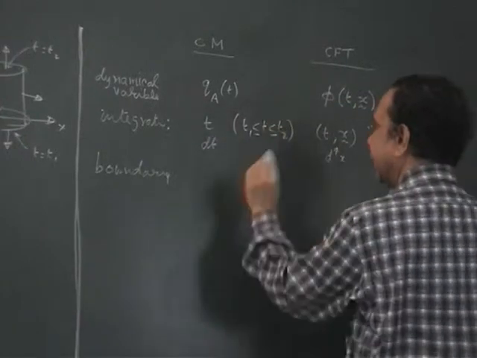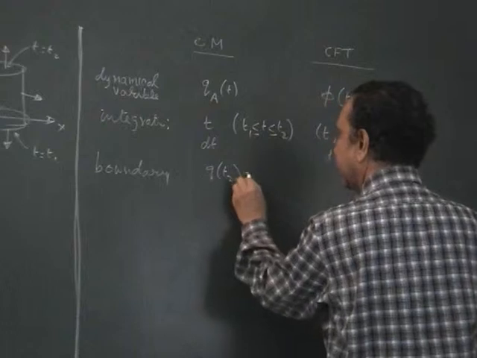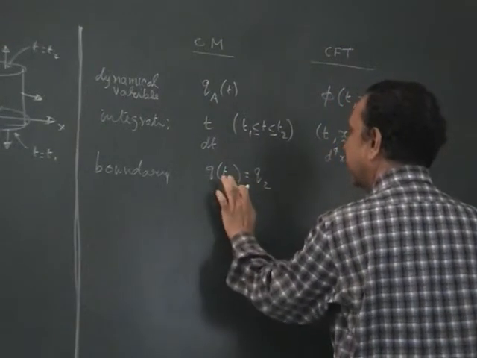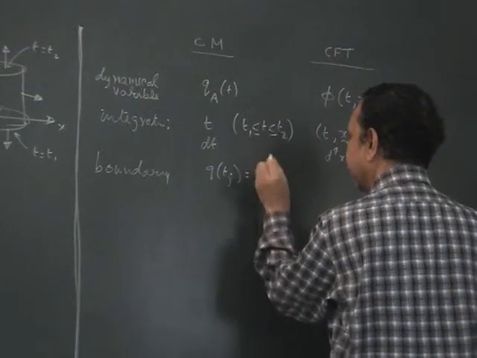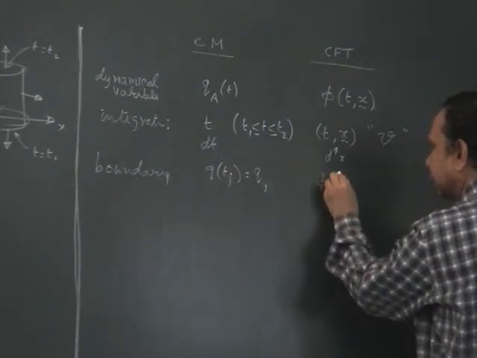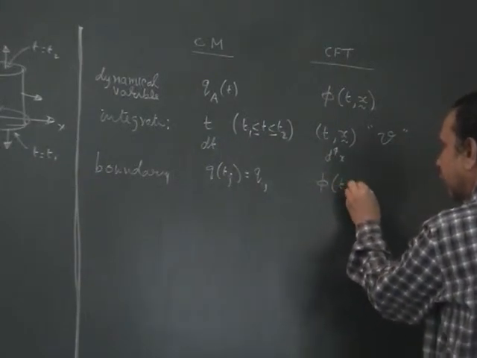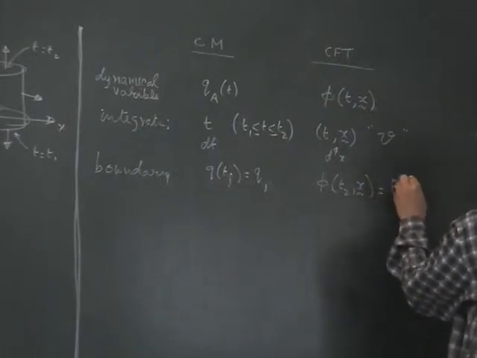The boundary condition here is that q at t2 is q2, q at t1 is q1, so let me call this tj is qj. Okay? But here what you are going to do is that phi at t2 comma x is some function f of x.